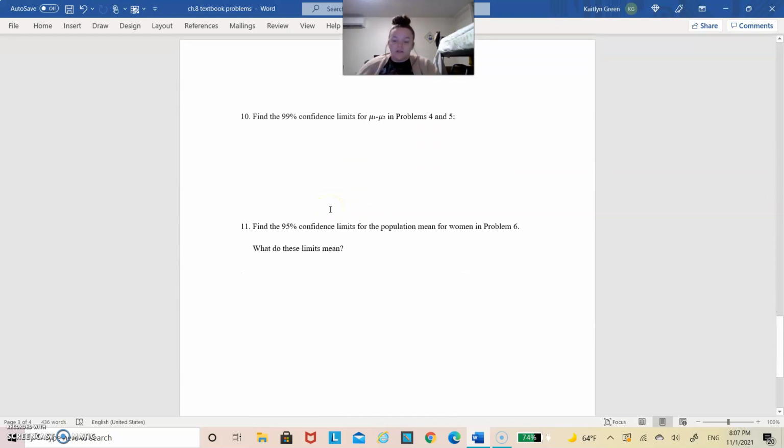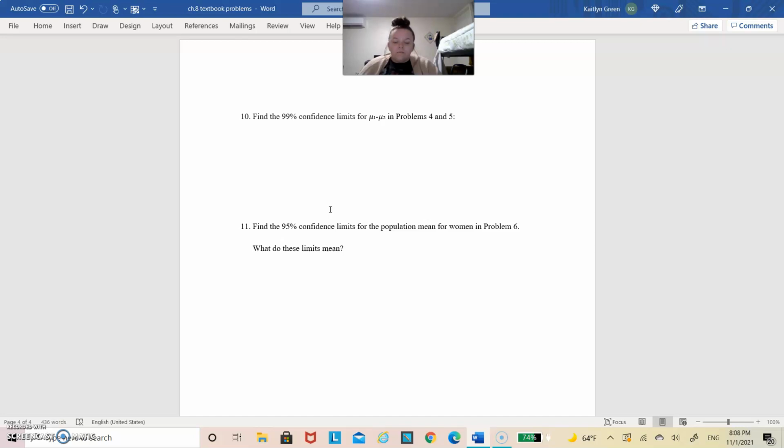Now we're on to number 10, and it says find the 99% confidence limits for mu1 minus mu2 for problems 4 and 5. The x bar value for question 4 was 10.75, and the x bar value for number 5 was 9.73.